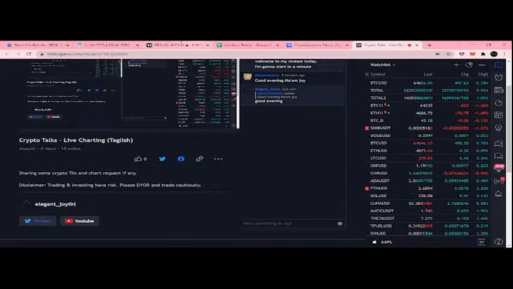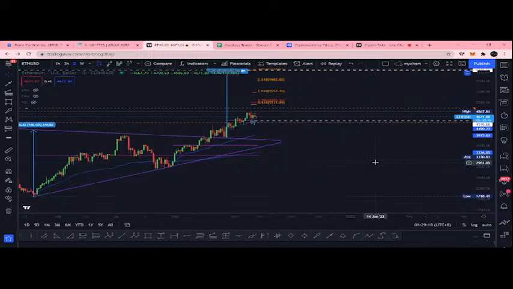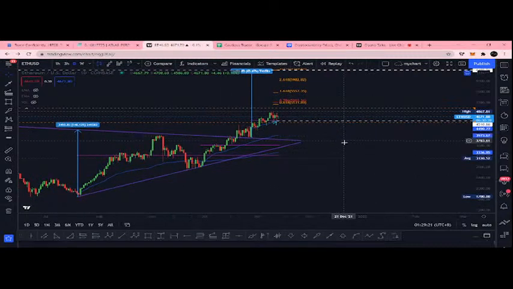Yeah, I forgot. It looks like it will form a doji. So a possible reversal of the couple of days' pullback.